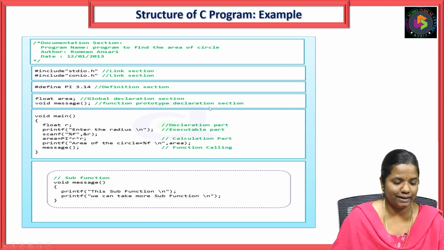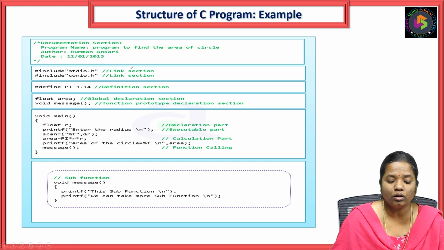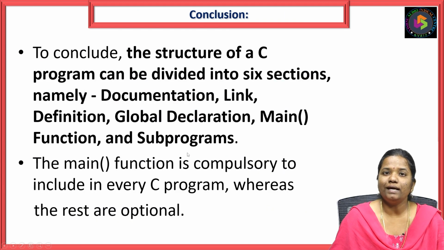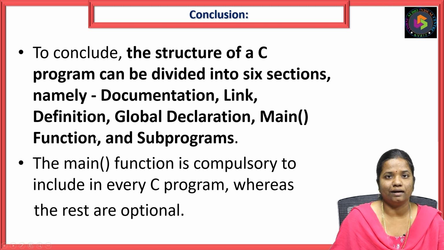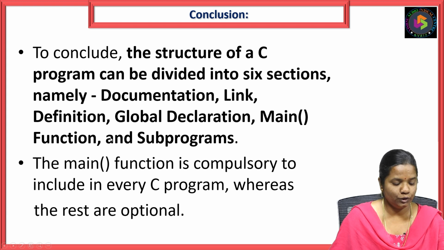In this program, I specified all the section names. So how can I conclude the structure of a C program? I always say that the structure of a C program should contain 6 sections: documentation section, link section, definition section, global declaration section, main function section, and sub function section, also called the sub program section. Even though we have 6 sections, mainly we use the main function section. The rest of the sections are optional.